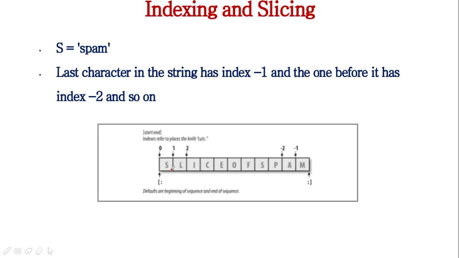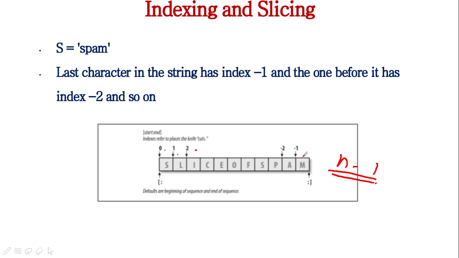You can say the position of the character is going to be the index of the character. There are two types of indexing generally followed: forward indexing and reverse indexing. The forward indexing starts with 0. So you can see that the first character has the index 0, the second character has the index 1, and the third one has the index 2, and so on. And the last character will have n minus 1. If n is the total number of characters present, then the last character will have the index n minus 1.